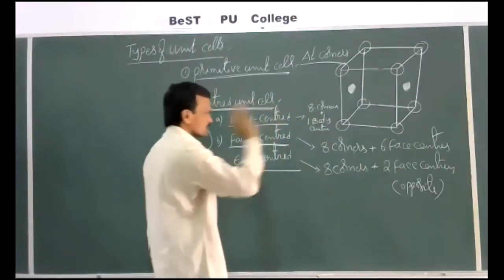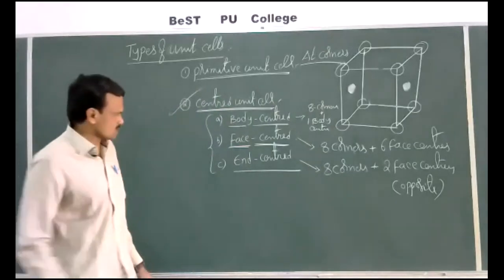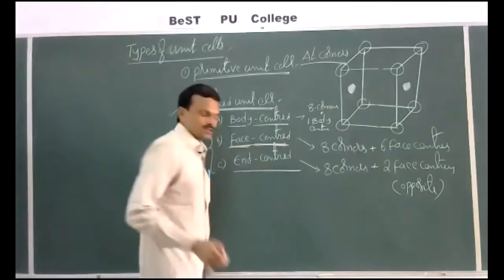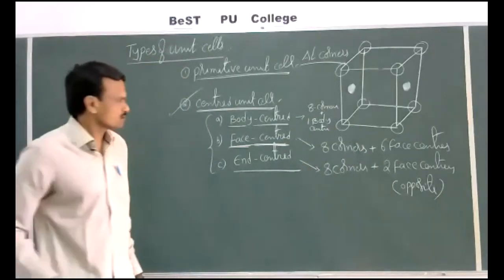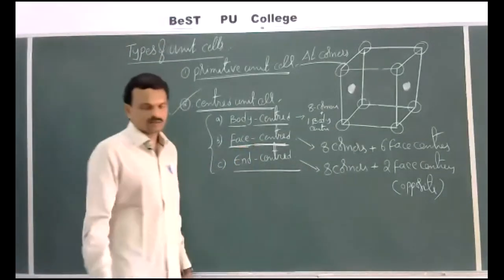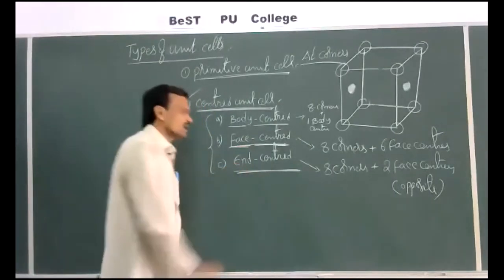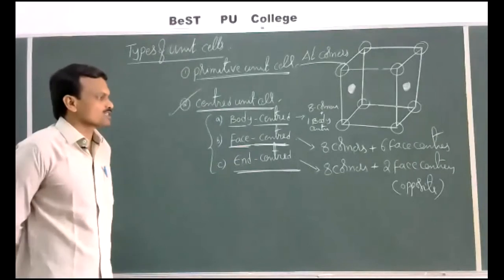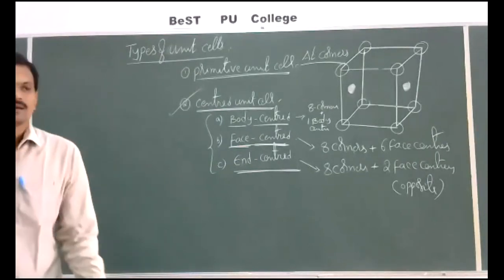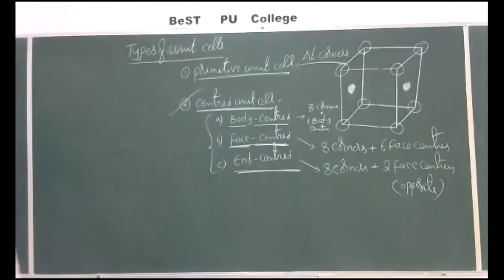This is called a body centered unit cell. Otherwise, face centered unit cell, 8 corners plus 6 face center particles. That is a face centered unit cell. And one more is an end centered unit cell, which is nothing but 8 corners plus any 2 opposite face centers. Just here.